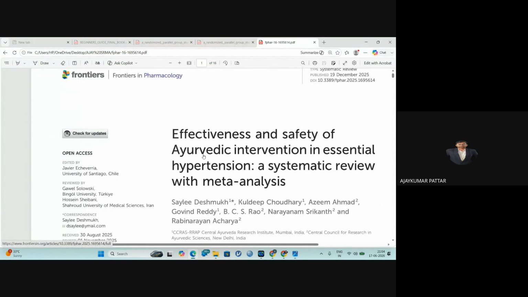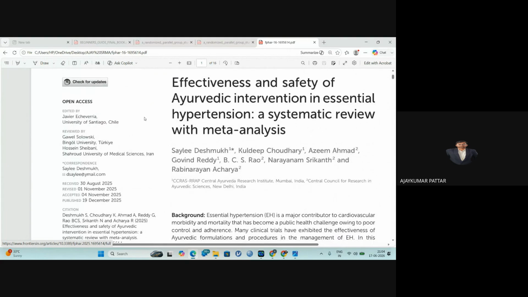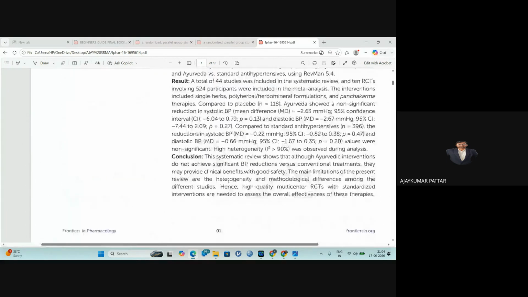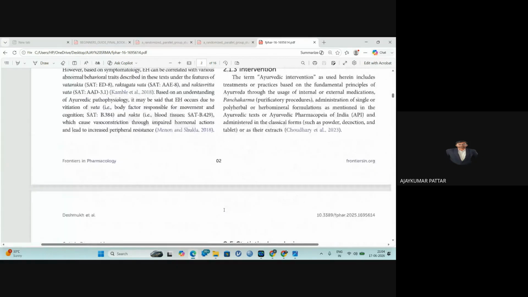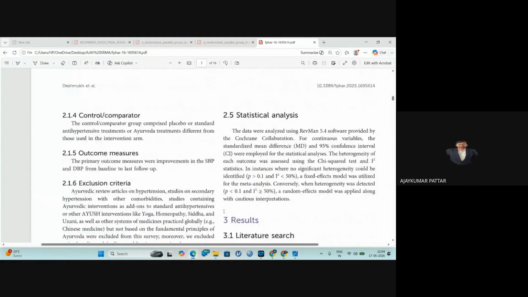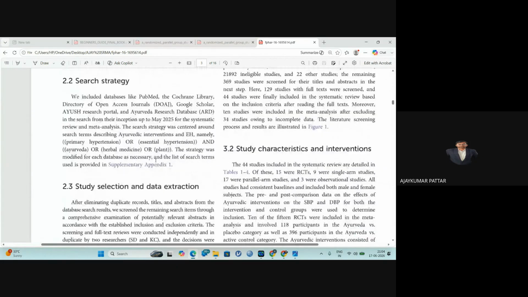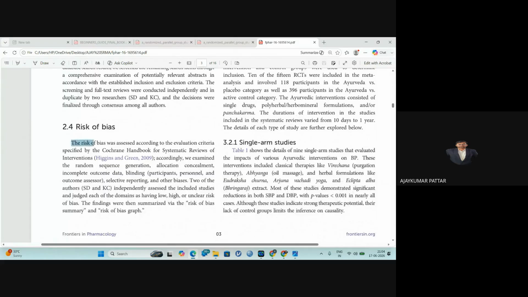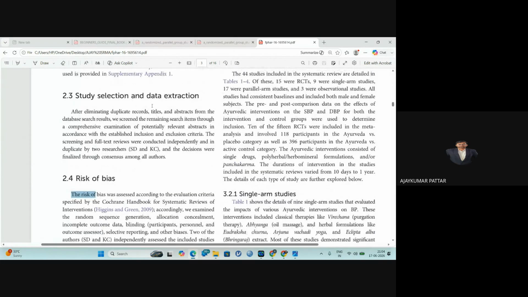Effectiveness and safety of Ayurvedic interventions in essential hypertension, a systematic review and meta-analysis. Risk of bias, for the first one, data extraction. What they have mentioned: after eliminating duplicate records, titles and abstracts from the database search results, we screened the remaining search items through comprehensive examination of relevant abstracts in accordance with the inclusion and exclusion criteria.